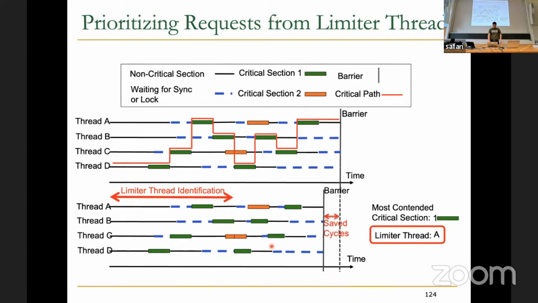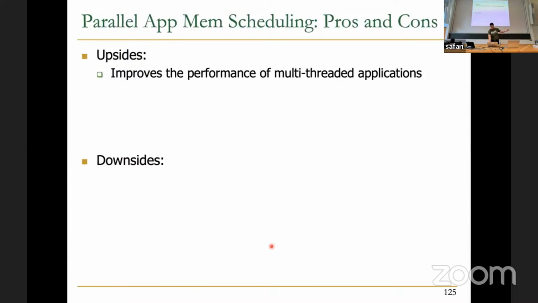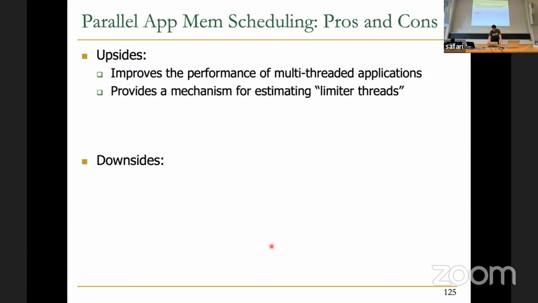Now, I won't go into the details of how you can do this exactly, but maybe I'll show you this analysis of upsides and downsides of PAMS, or parallel application memory scheduling, the paper that describes this idea. It improves the performance of multi-threaded applications, and it provides a mechanism to estimate limiter threads.